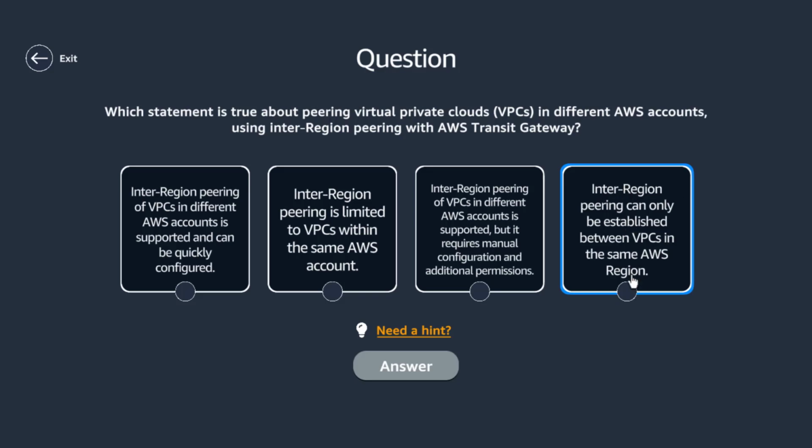I mean, that statement itself is inter-region. I think this one is not in different accounts. It's in the same account. So I don't know if it even supports different accounts. If it supports, then I'm assuming this one. I'm assuming it supports AWS accounts. I think it is this one, but let's check.